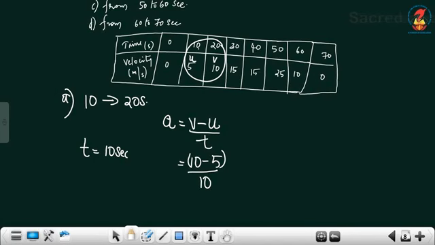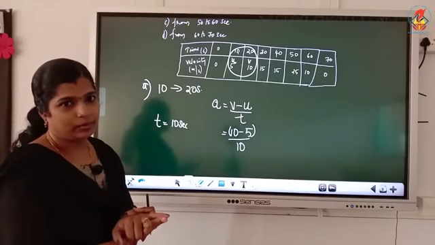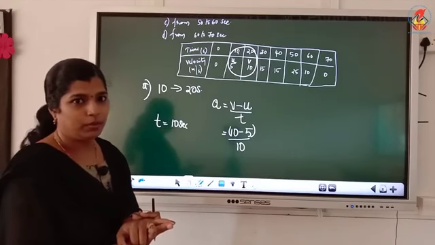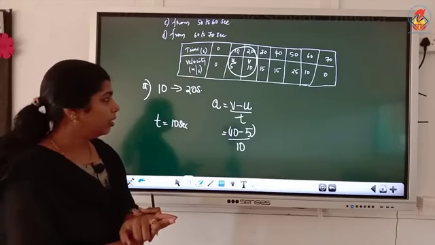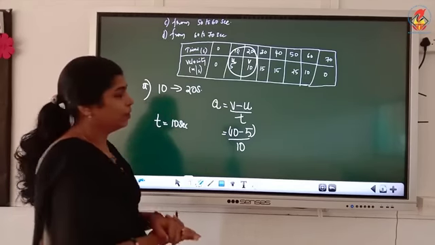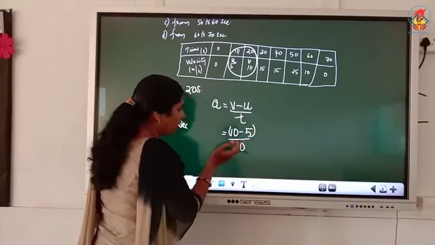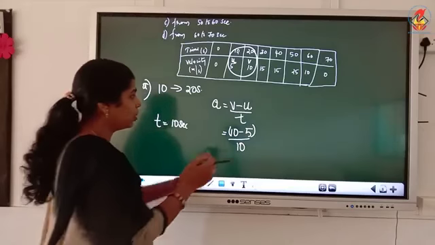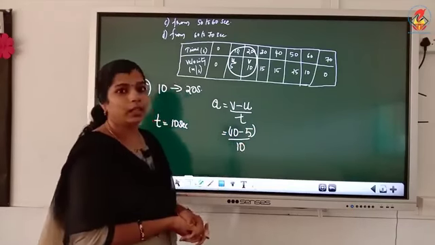You can't just cancel that 10 like that. That 10 is in the numerator, then one more term is there, that is minus 5. So first you do this calculation, then divide it by 10.